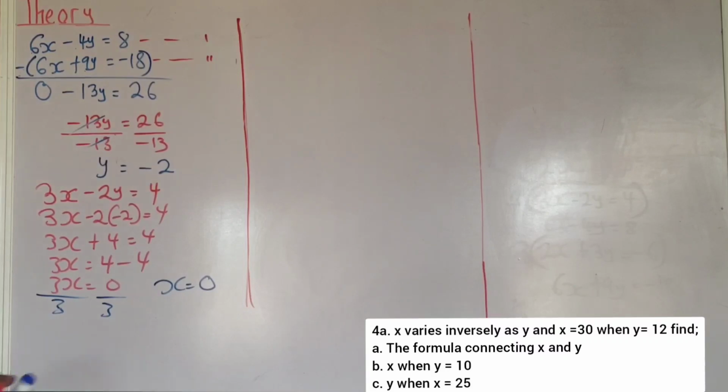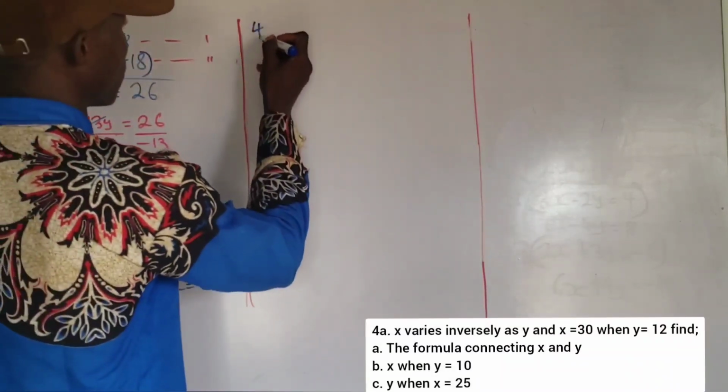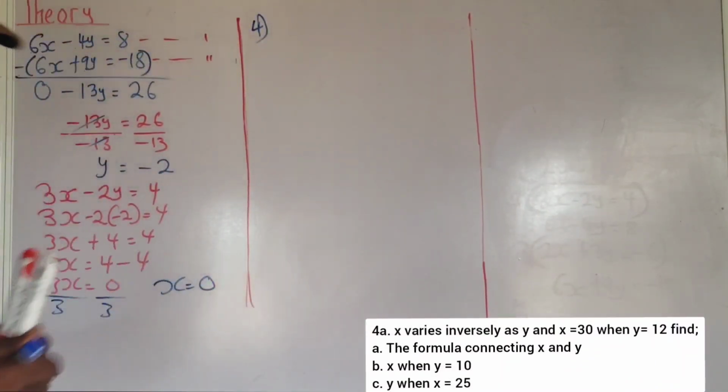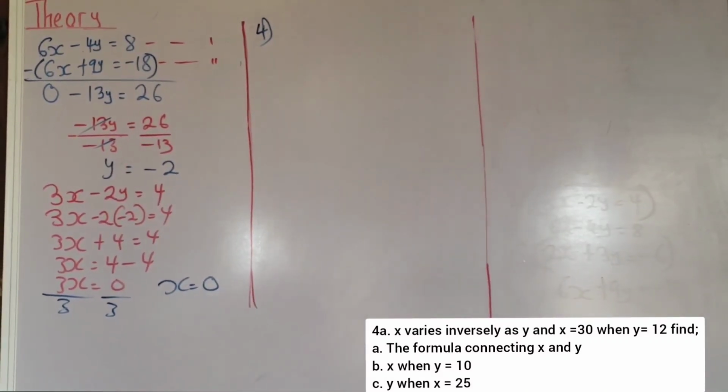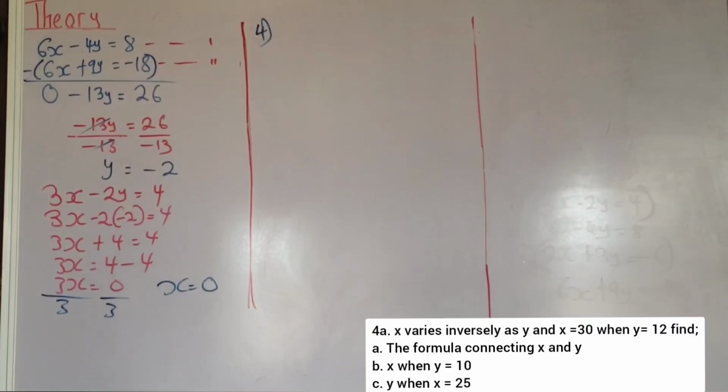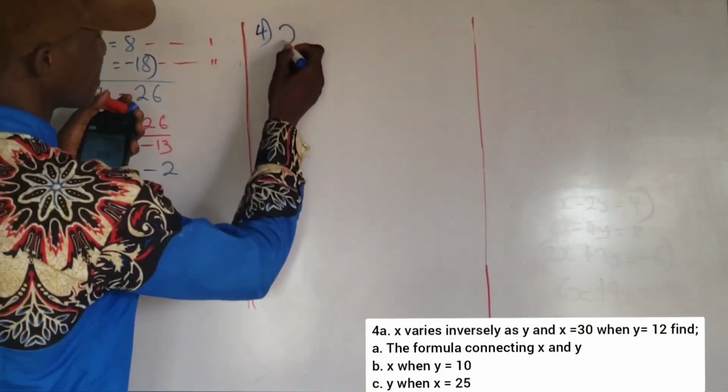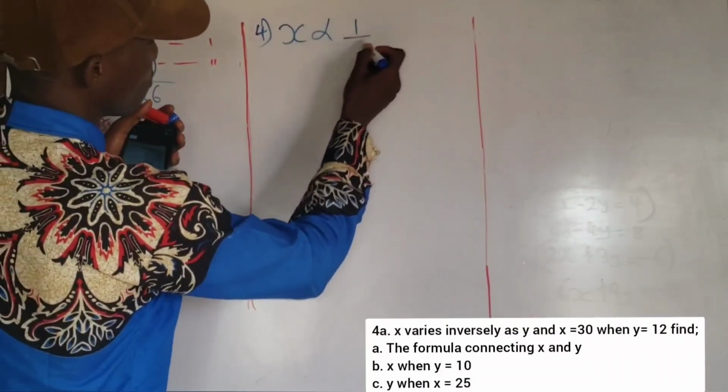Now, question 4. Okay, x varies as 1 over y.